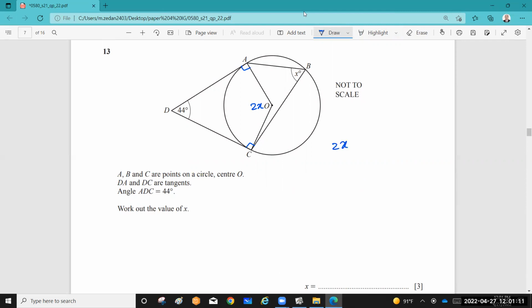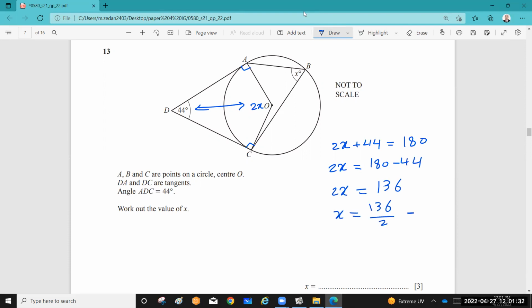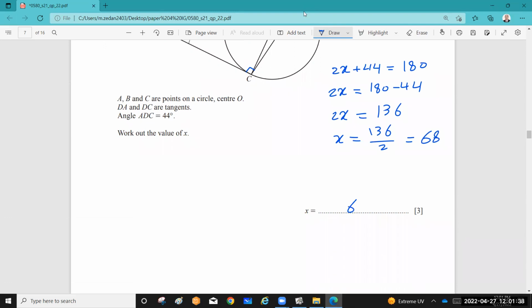The 2x plus 44 is actually 180. The sum of opposite angles in a cyclic quadrilateral is 180. So 2x is 180 minus 44, which is 136. So x is 136 divided by 2 equals 68. Okay, so x here is 68 degrees.